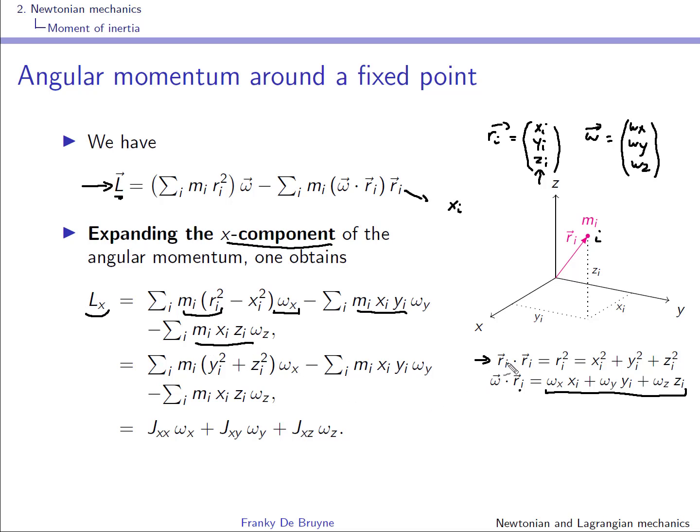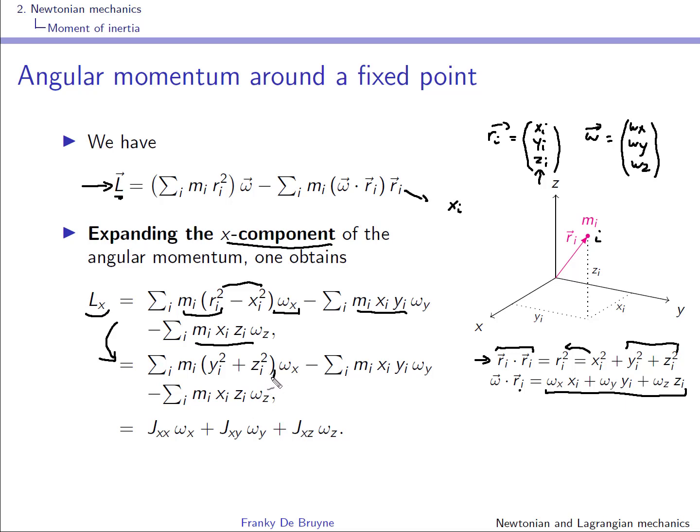Now we are going to use this scalar product. What comes in here is r_i squared minus x_i squared. So if this one goes on the other side, you see that it's equal to y_i squared plus z_i squared. This is how we go from here to here.